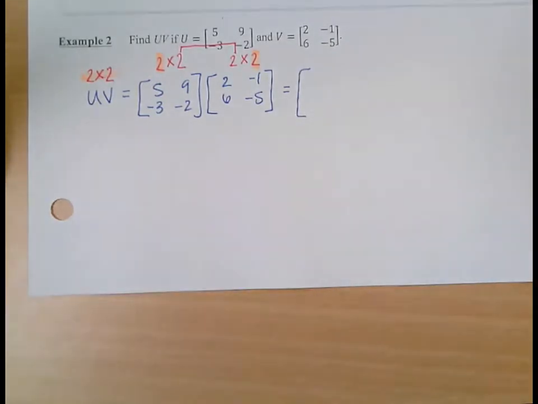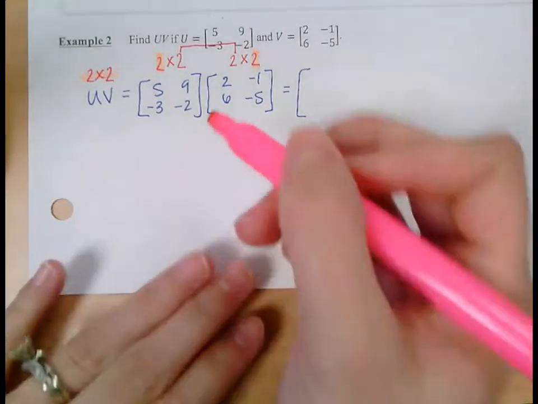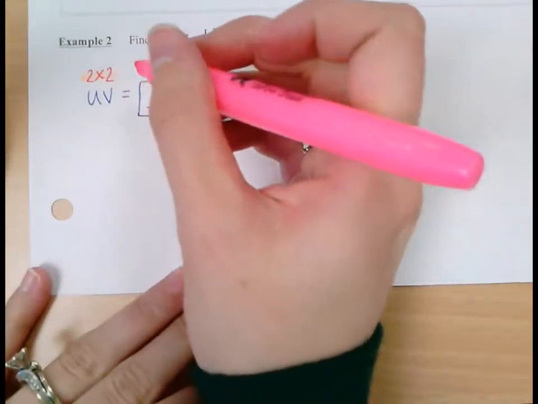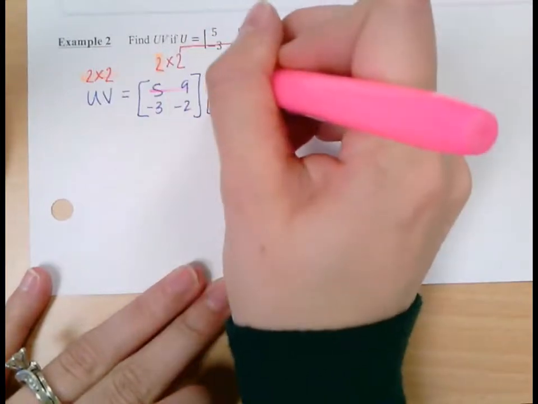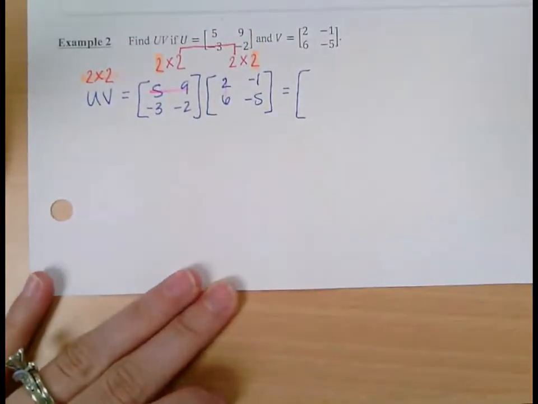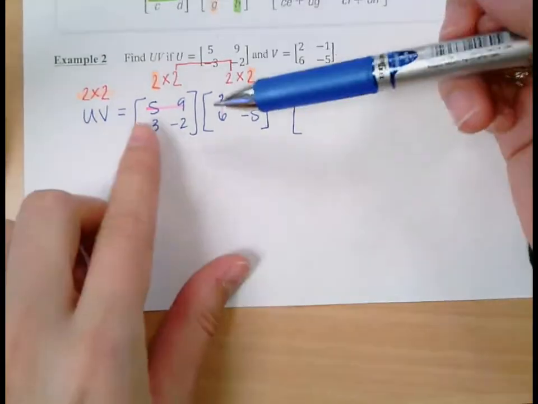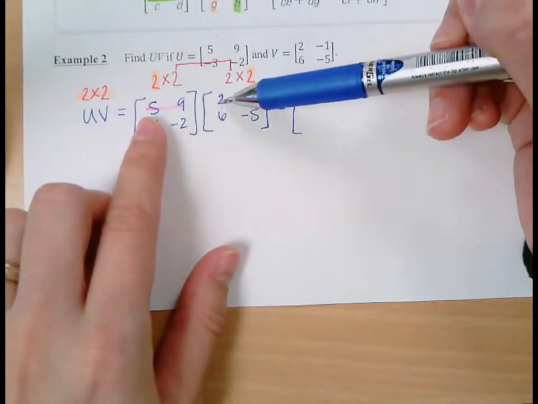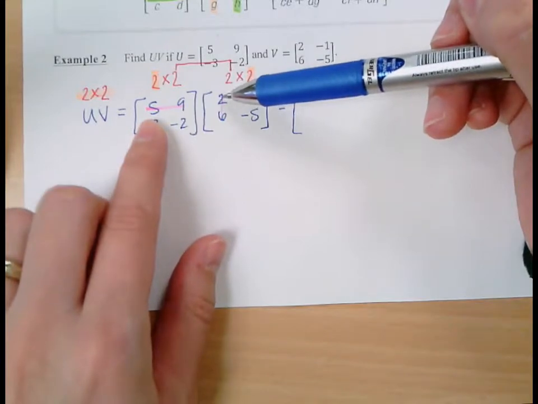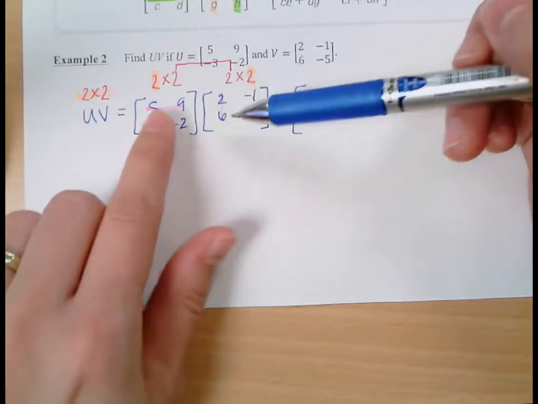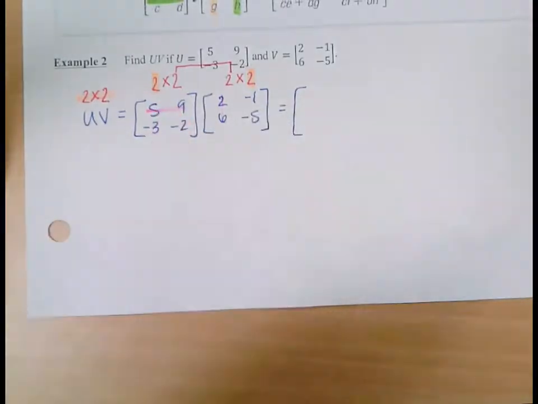All right, so as I multiply these, I start out with the first row, and I multiply it by the first column. I multiply the first elements together. So the first element in the row is 5, the first element in the column is 2, and then I multiply the second elements together and I add them.